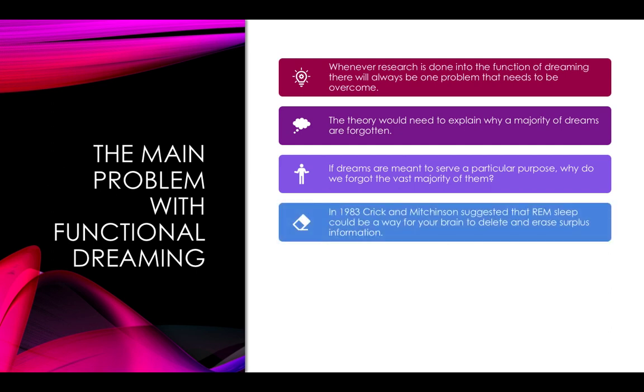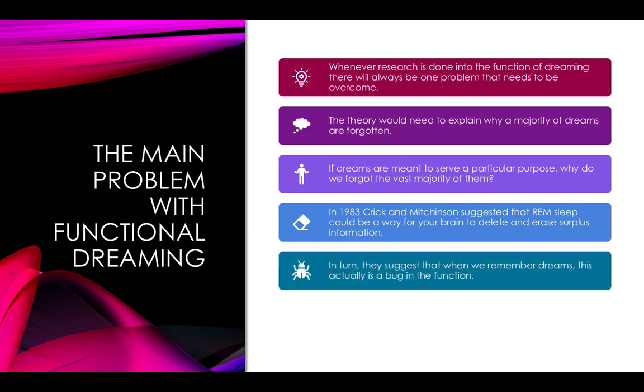Well, in 1983, Crick and Mitchison suggested that REM sleep could be a way for your brain to delete and erase surplus information, so to try and sort information in your brain. And this actually overcomes the problem when we're looking at the function of dreams, because in turn they suggest that when we remember dreams, this is actually a bug within the function.